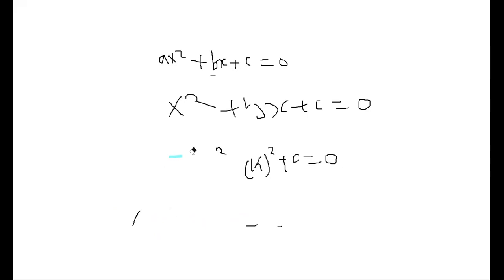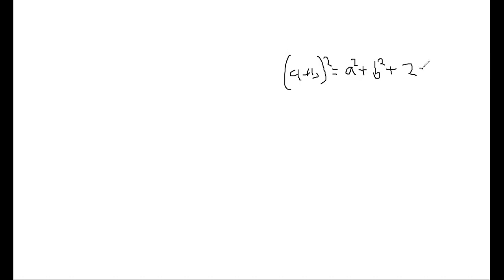I want to remind you: when you expand the bracket A plus B, squared, this is the same as the first number squared, A squared, plus the second number squared, B squared, plus 2 times the product of the two numbers, AB.